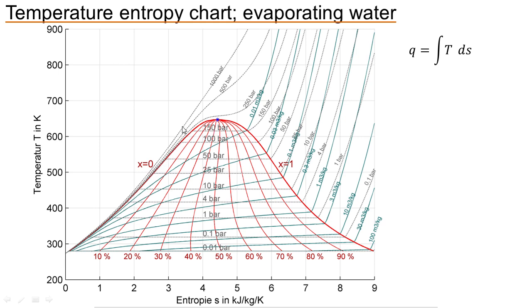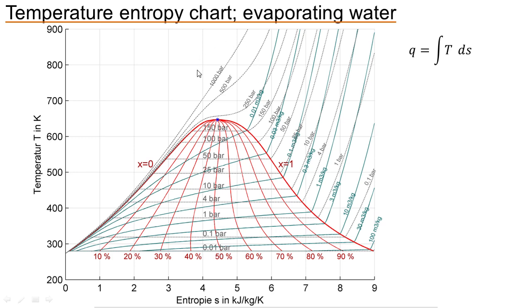This area here is the area of water. This area here is saturated steam. So we have a part water and a part steam. If you go up here, this is the critical point. Above this point, you cannot say whether it's a gas or a liquid. This area here is superheated steam. This is supercritical steam.